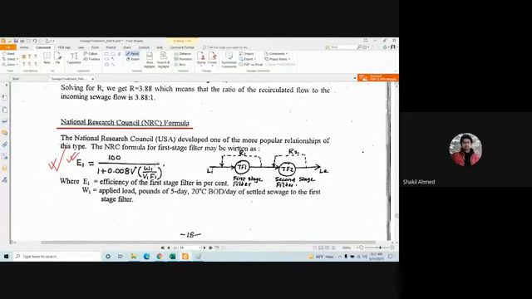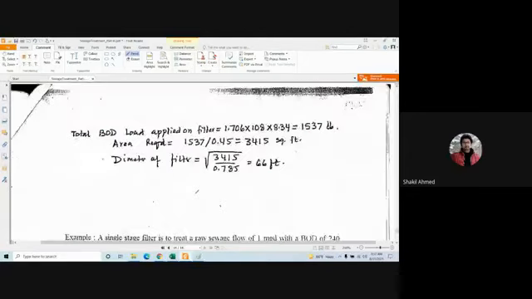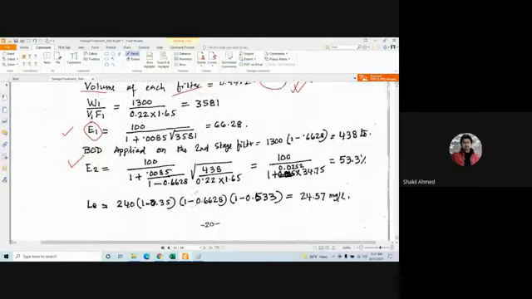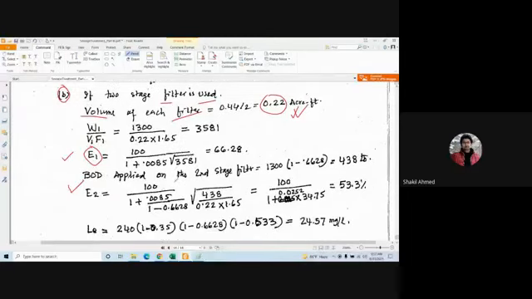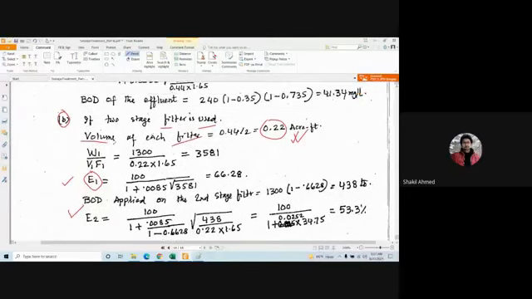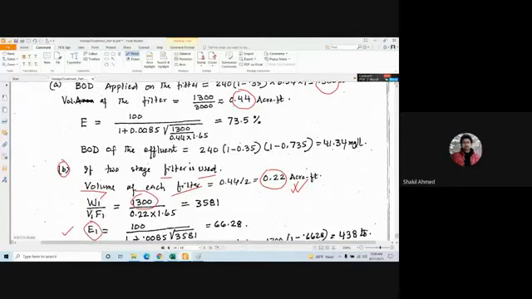Where you know W1, you just calculated this. W1 is 1300. What is V1, guys?